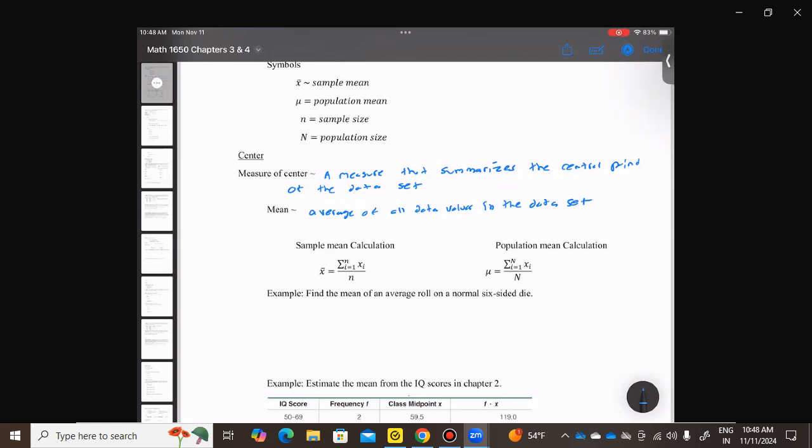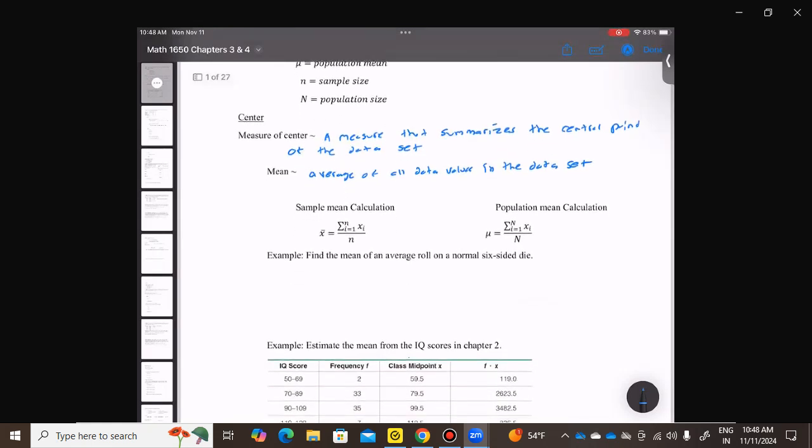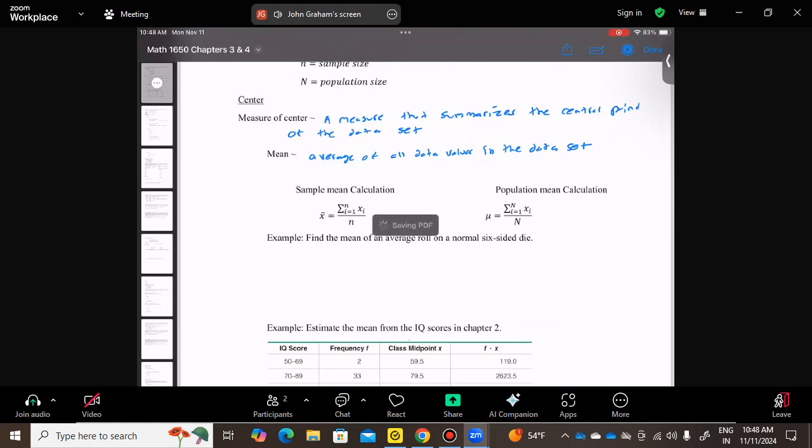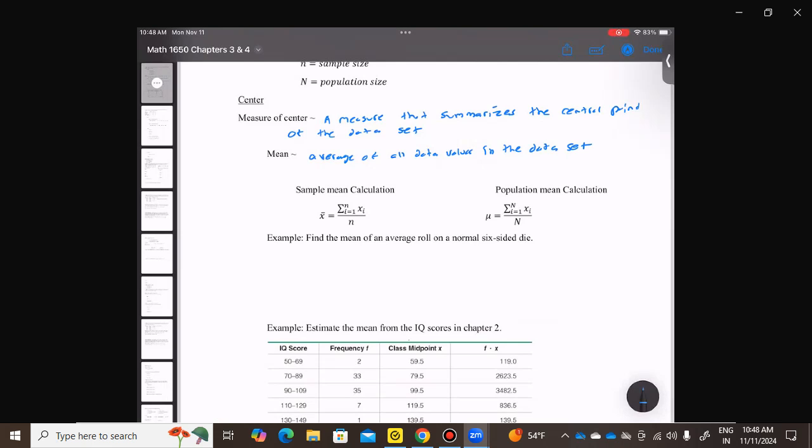Okay. Now, the mean takes into account all values. You add up all values, you divide by the total. That's the overall basic idea of how you find an average. Add up all values, divide by the total. If you only have a sample, so you only have so many of the population, let's say the population's 4 million, you only took a sample of 2,000, then it's a sample mean.